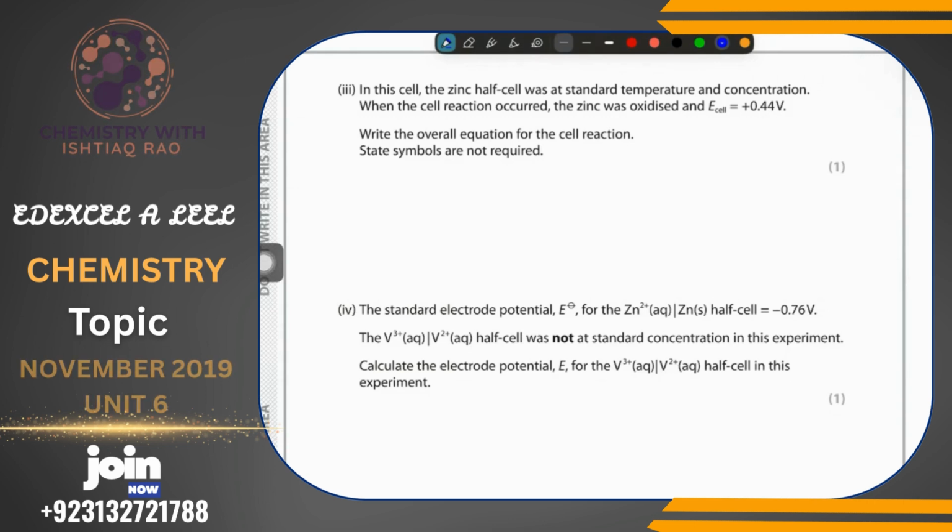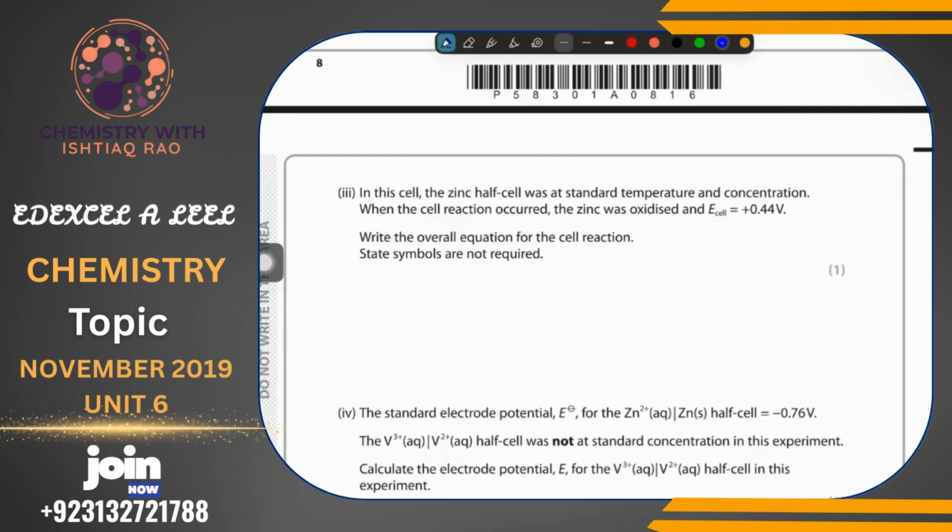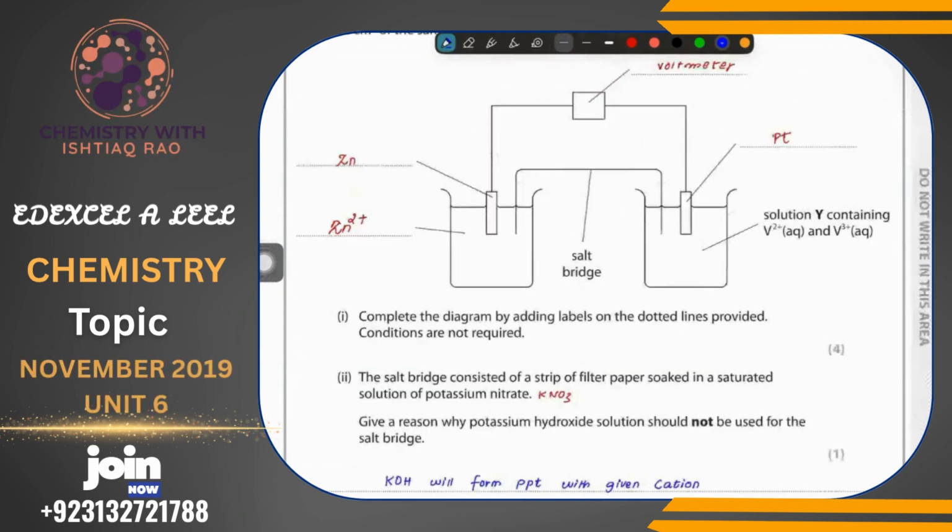That means that V3 plus plus e minus. Basically we have to see what's going on. V2 plus and V3 plus, it's a mixture of two ions, and then we have a zinc one.